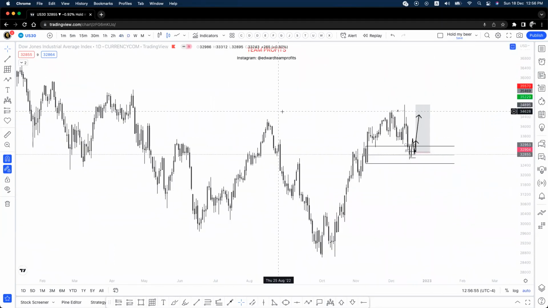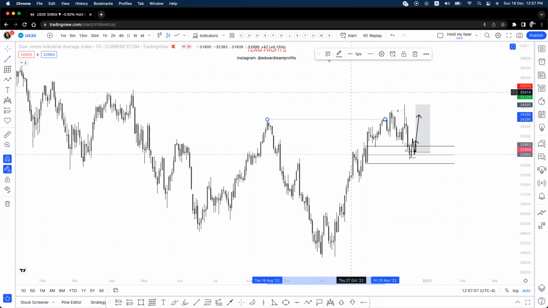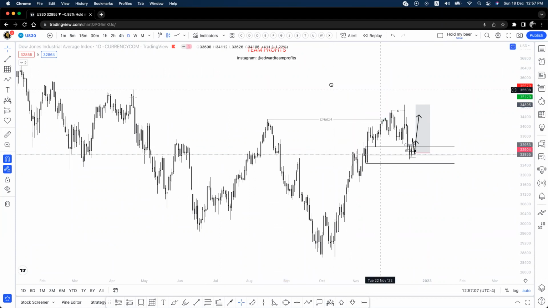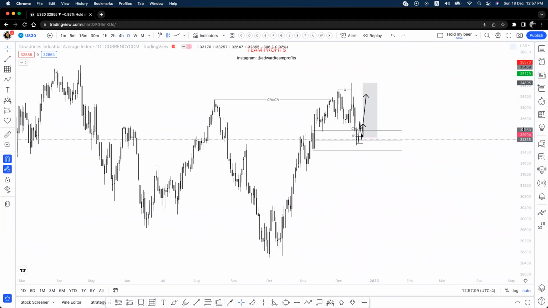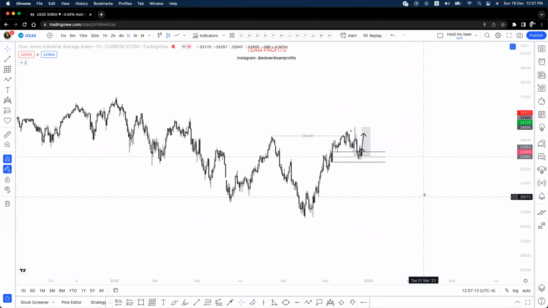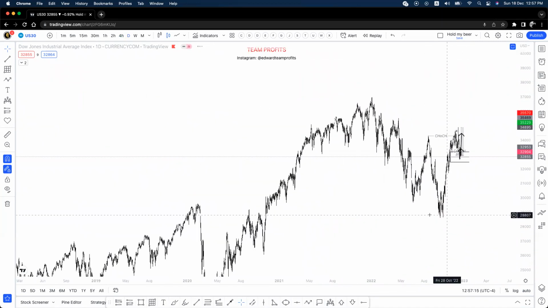This potential change of direction right here is what's making me think that if it wasn't because of reports, if it wasn't because of news, I would definitely be looking to hold buys for longer at this point and definitely be thinking, yeah, this definitely looks like the bottom.